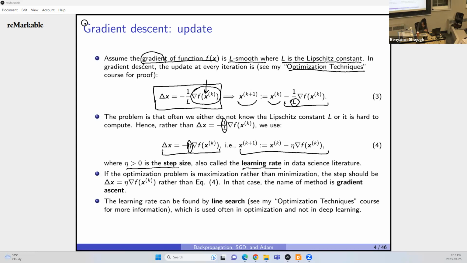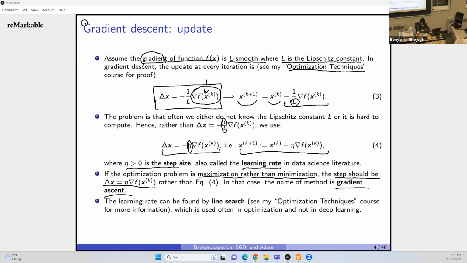If the optimization problem is maximization rather than minimization, then the step should be eta rather than minus eta. Then we call that gradient ascent. It's like going up the mountain rather than going down the mountain.